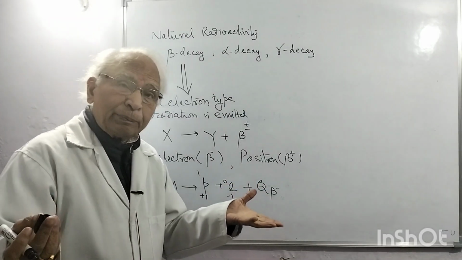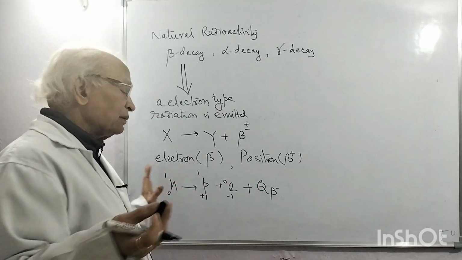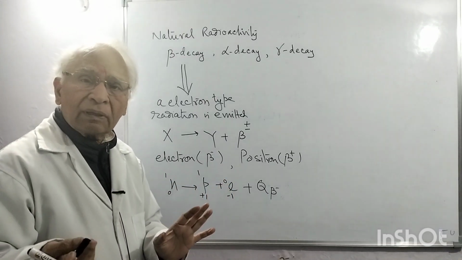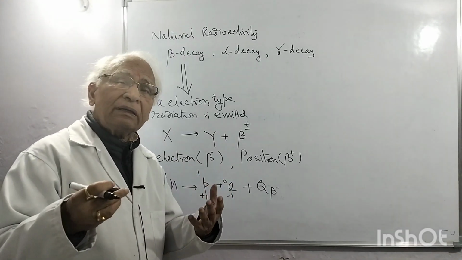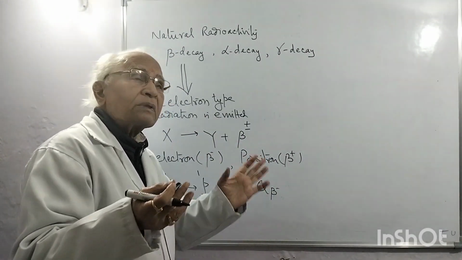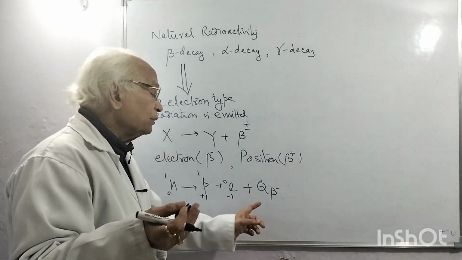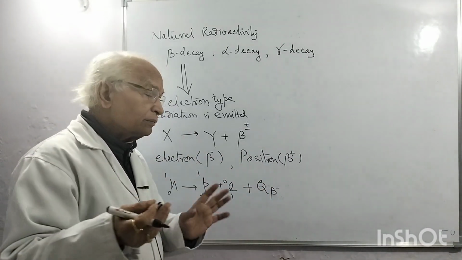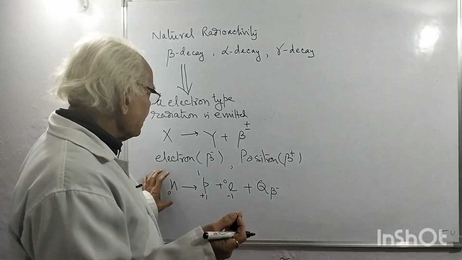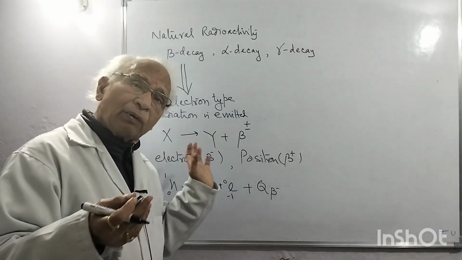And Q beta must be positive. If Q beta is negative, the decay process will not take place. Because Q beta negative means you have to apply some energy to make this Q beta positive. So if it is natural beta emission, Q beta must be positive. The energy, meaning the mass difference of the initial system and the daughter nucleus, must be positive.